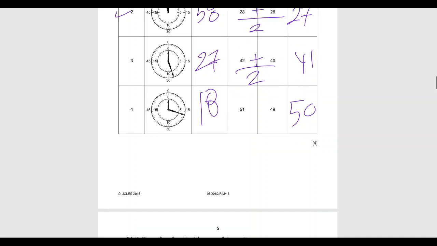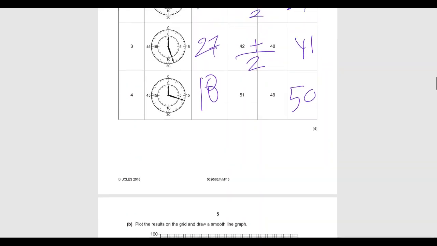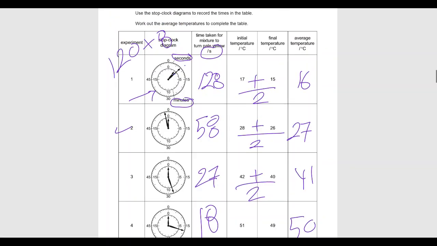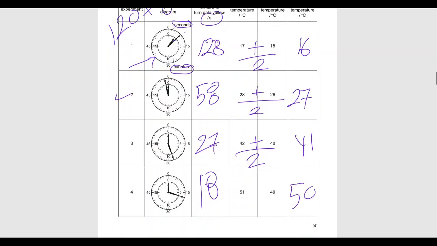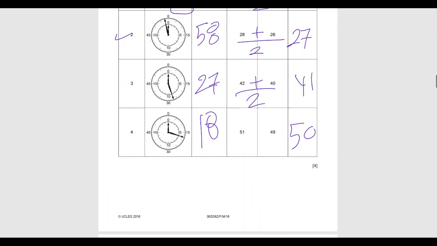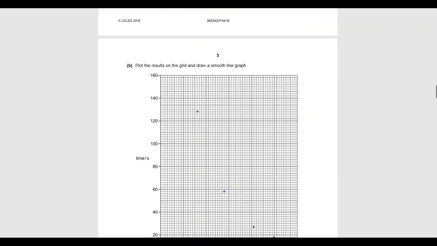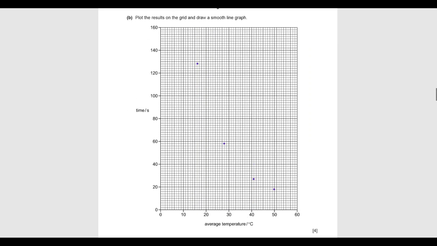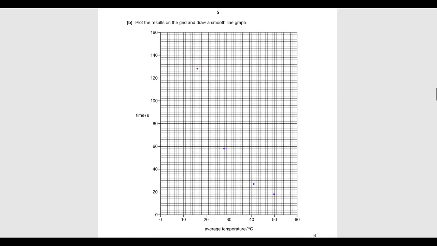Then you are going to draw these 2 columns: time taken for the mixture to turn yellow versus average temperature. Already I have plotted these results on the grid. We just need to draw a smooth line to connect these points.